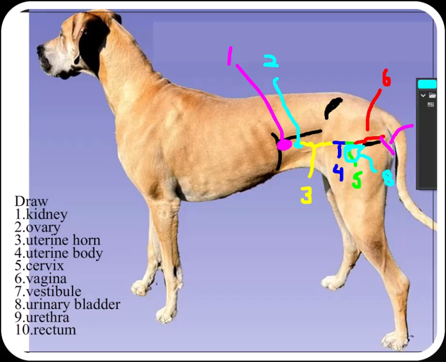The urethra heads caudally from the neck of the urinary bladder, and it joins the female tract where the vagina transitions into the vestibule. So this part here is going to be the urethra. Again, joining the female tract, between the vagina and vestibule, basically.